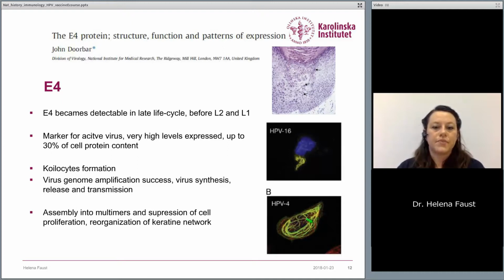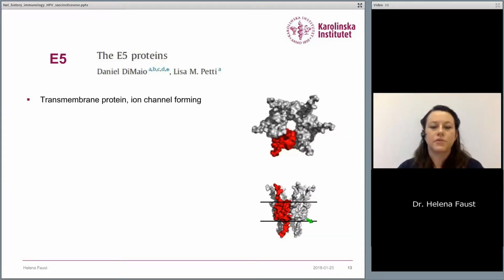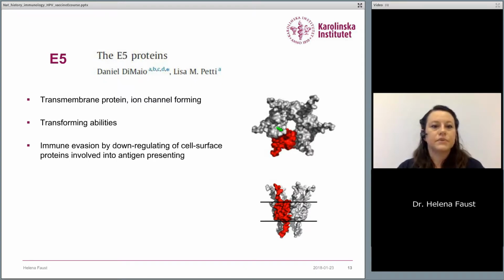It's shown that E4 can assemble into multimers, suppress cell proliferation, and reorganize the keratin network so that the cells become more fragile. E5 protein is a transmembrane protein, forming ion channels, and has transforming abilities, at least in some species.